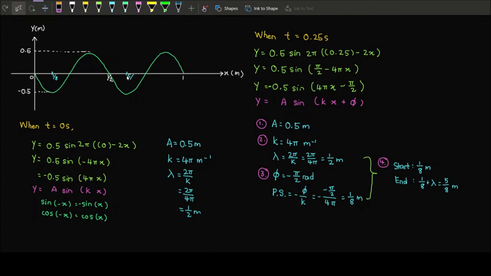So you label your start and your end point. After you label it, what do you do? You draw the shape of the sinusoidal curve inside the start and end. It's a negative sine graph. So we draw a negative sine graph. If you are not sure, it might be a bit confusing.